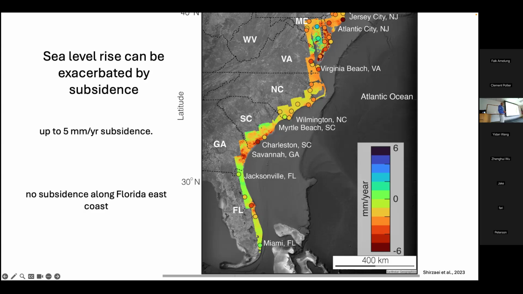We know from a number of studies which were published recently that along the east coast of the US, there are different locations where there is significant subsidence of a couple of millimeters. In Florida, though, along most of the Florida coast, there is no subsidence.